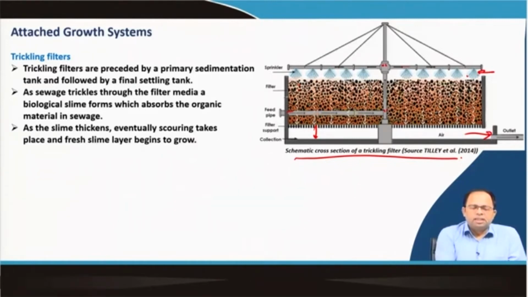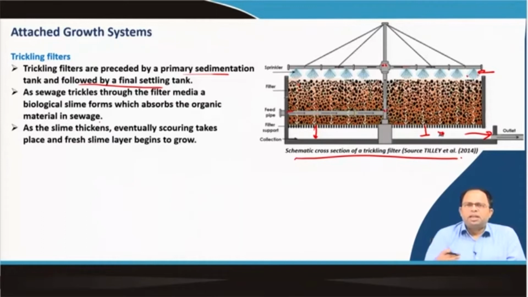So, trickling filters are usually preceded by a primary sedimentation tank and followed by a final settling tank, because the effluent that comes out has a lot of scum or slime in it, and that needs to be separated. So, that is why we use a final settling tank, or you can say a secondary clarifier. As sewage trickles through the filter media, a biological slime forms which absorbs the organic material in sewage.